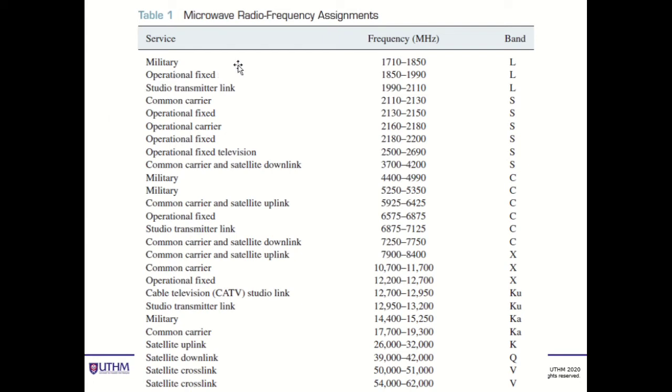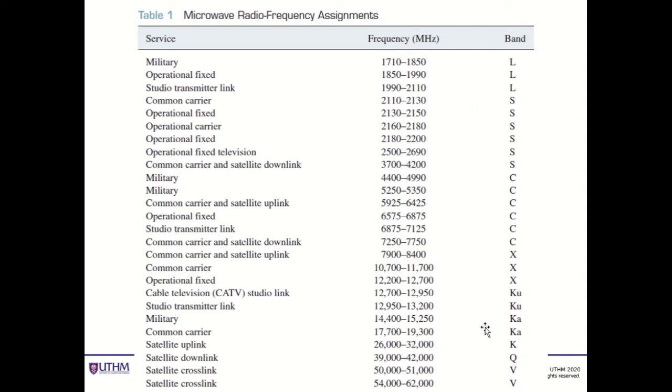This is the list of the microwave radio RF assignments that are usually used for communication or applications. Low frequency is usually used for military, and then we have satellite link or satellite cross link at the higher frequency.